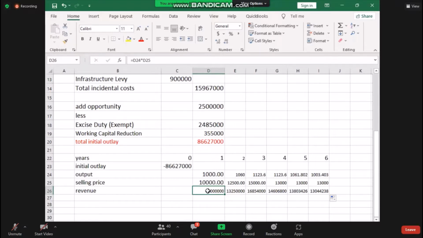So equal sign, your output times the selling price, enter, and then you autofill. Like that. Output, selling price. Yes, output times selling price. I hope we are there.